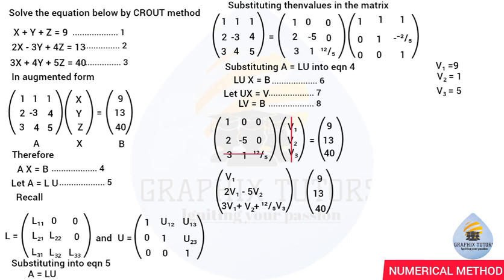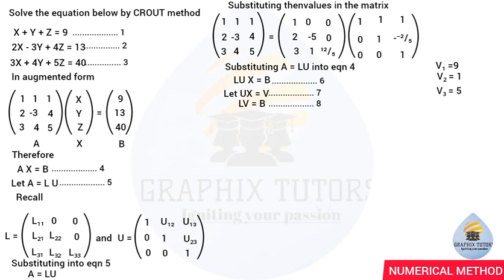So we've gotten V1 to be 9, V2 to be 1, and V3 to be 5. Right? So we've gotten value for V1, V2, and V3. Now, from the other equation that will say that UX is equals to V, so put a value for U, this is a value for U, and the value for X is X, Y, and Z, equals to the value of V is 9, 1, 5.